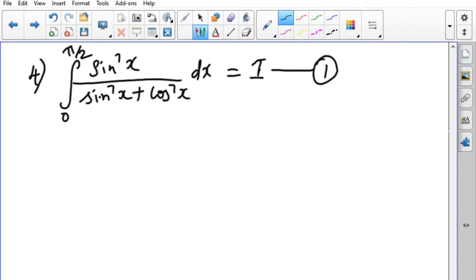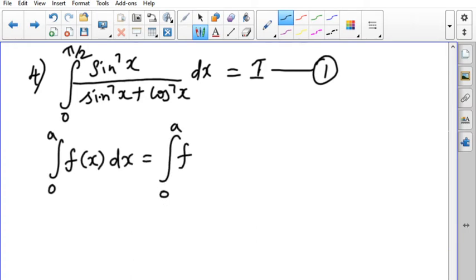The property we are going to use is: integral 0 to a of f of x dx is equal to integral 0 to a of f of (a minus x) dx. Here, in place of a, we have pi by 2.